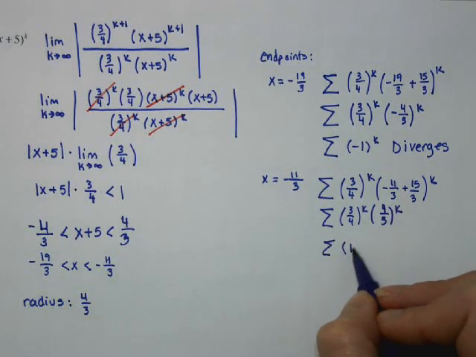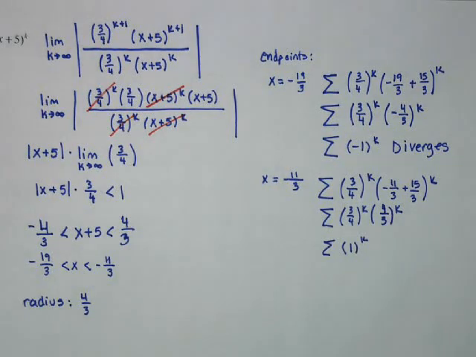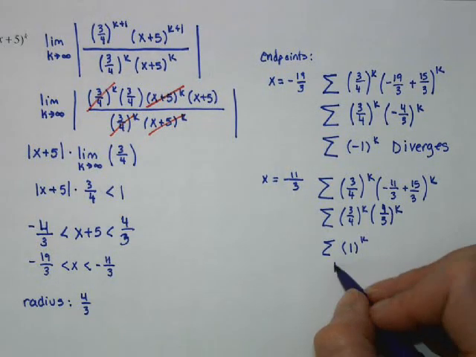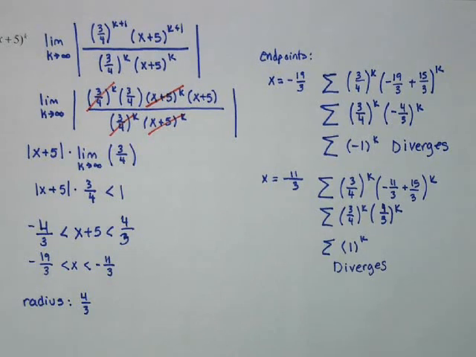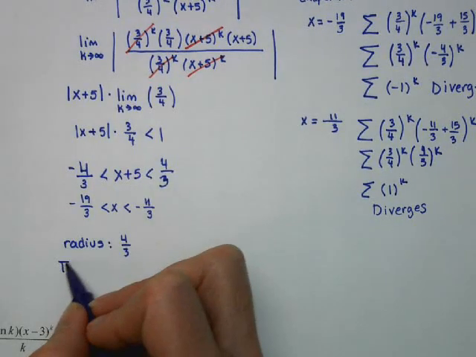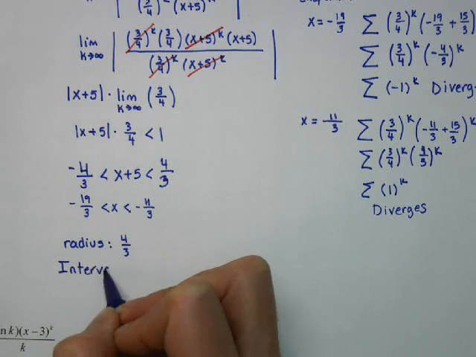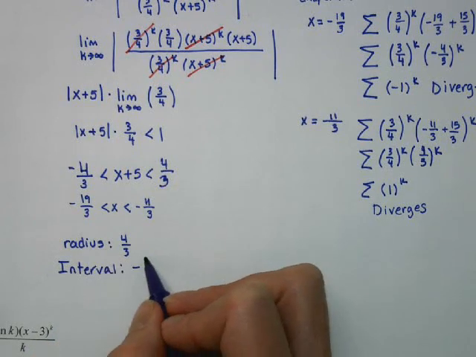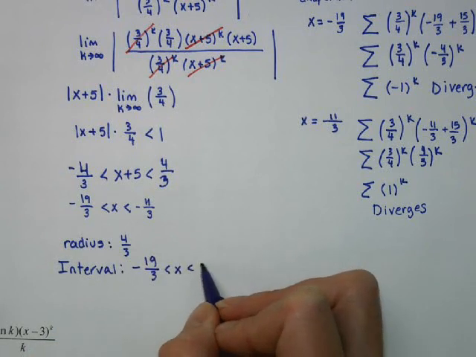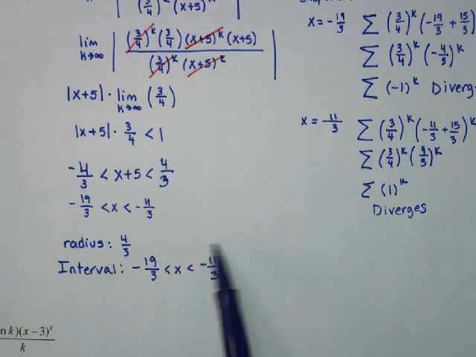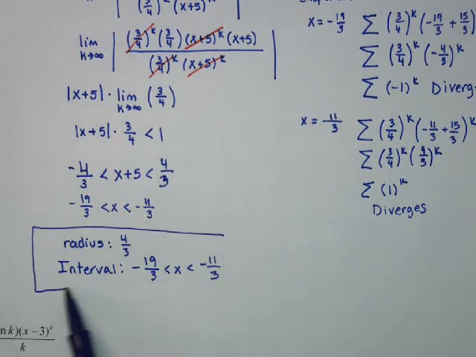So this is 1 to the k, which would just be 1 plus 1 plus 1 plus 1, which also diverges. So my interval is −19/3 < x < −11/3. We do not include either endpoint here.